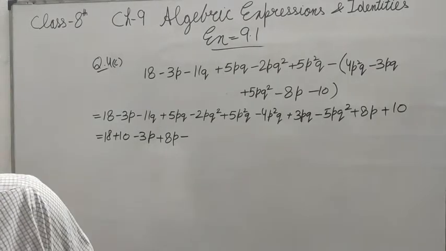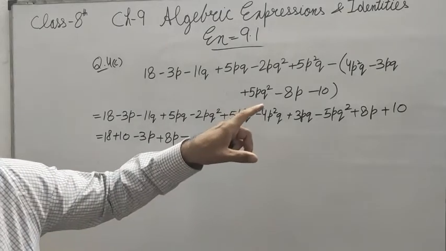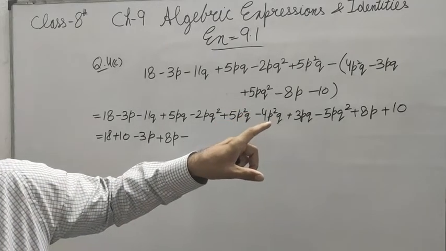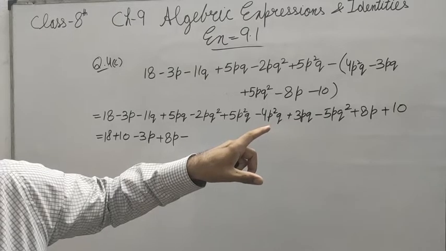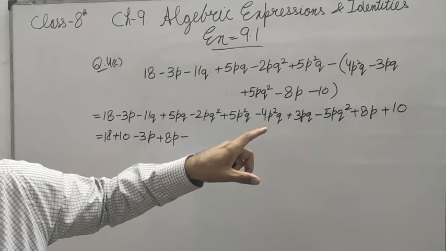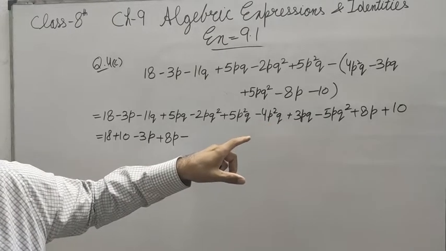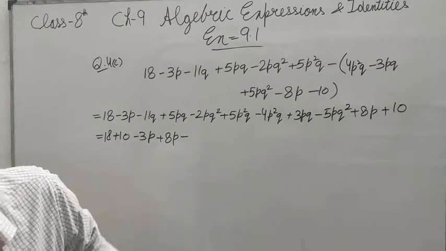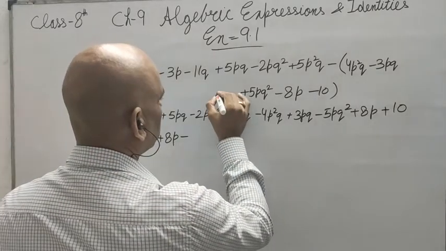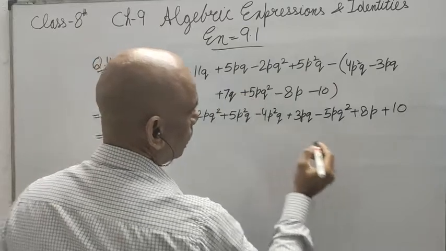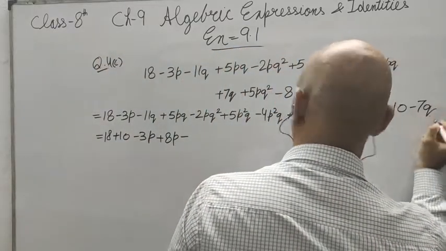I have missed one term: 4p square minus 3pq, 8p and 7q. I have missed it. It is positive 7q, so negative 7q it will be.